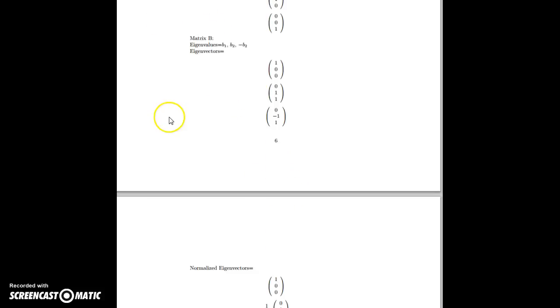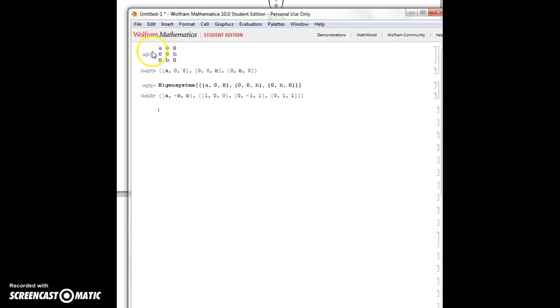And then for B, I got lazy and I used Mathematica to find the eigenvalues and eigenvectors. So I plugged in my matrix here, and A is actually B1, and then the B's are B2. When you plug it in, you can just tell Mathematica eigensystem, and that gives you the eigenvalues and their corresponding eigenvectors.